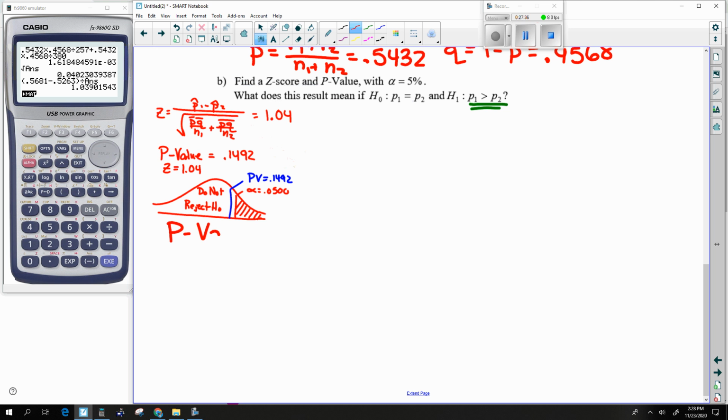So see that the p-value is greater than our alpha. That means do not reject H naught.